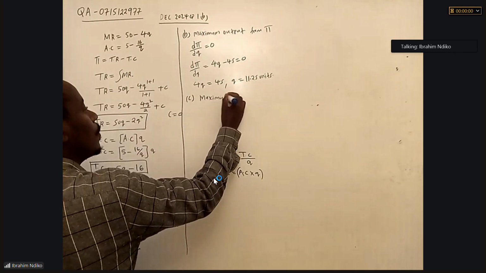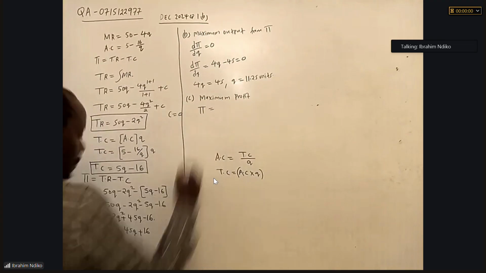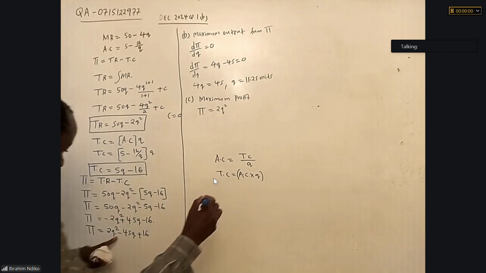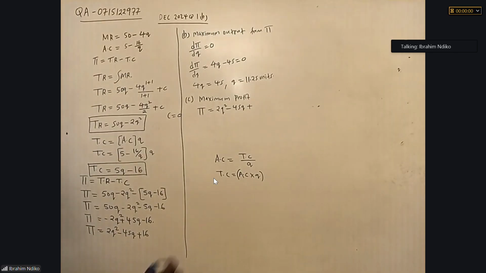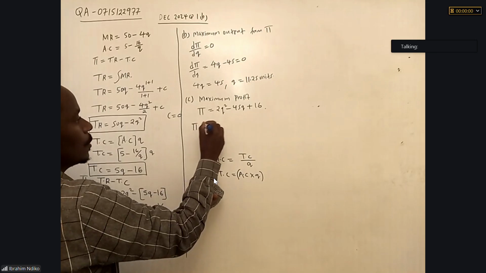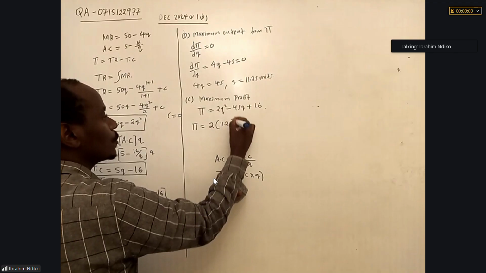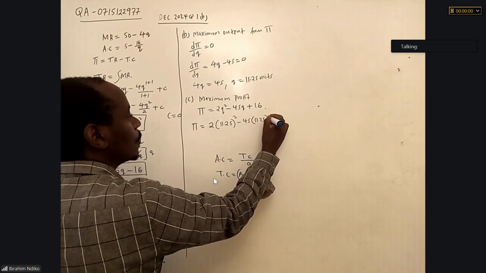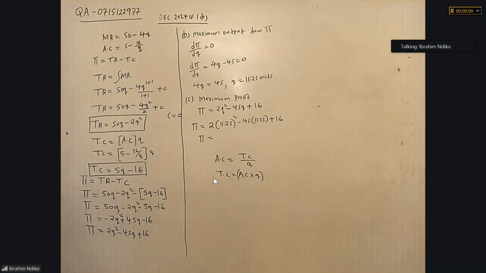Use our profit function, which is 2Q squared minus 45Q plus 16. So our maximum profit is 2 times our Q, 11.25 squared, minus 45 times 11.25, plus 16. We shall get our maximum profit.